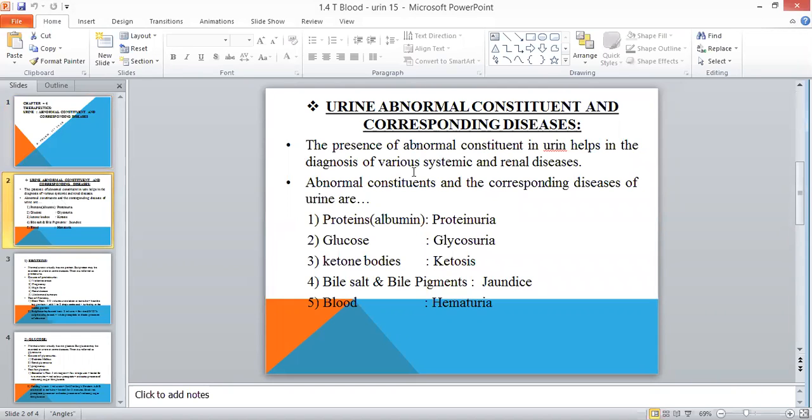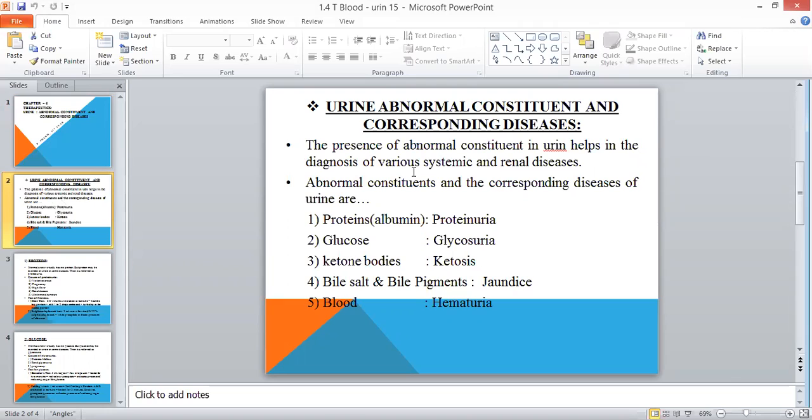Now, abnormal constituents of urine. The substances eliminated in urine are normal metabolic products. They are urea, uric acid, creatinine, and certain salts like chloride and sulfate.